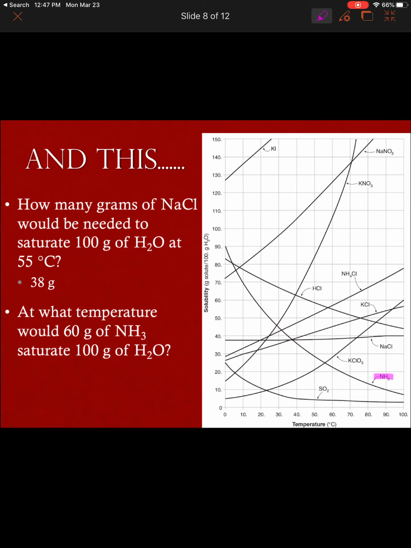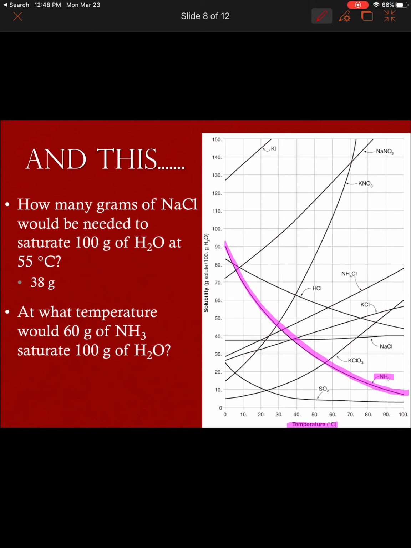We're looking for NH3, so that's going to be this curve right here. Okay. Now it says at what temperature. So now they're looking for temperature. They're looking for the X. But they've given us the Y so we could figure this out fairly simply. Doing the same thing. At what temperature, don't know, would 60 grams of NH3.